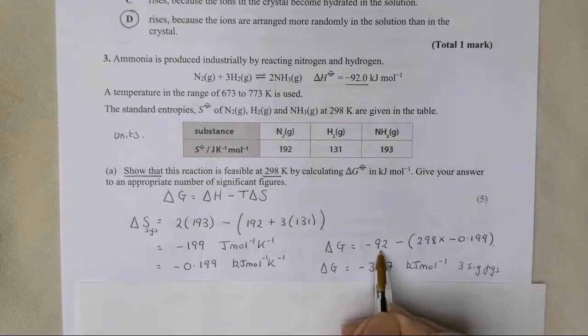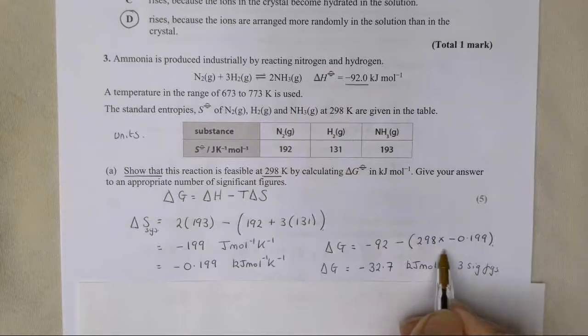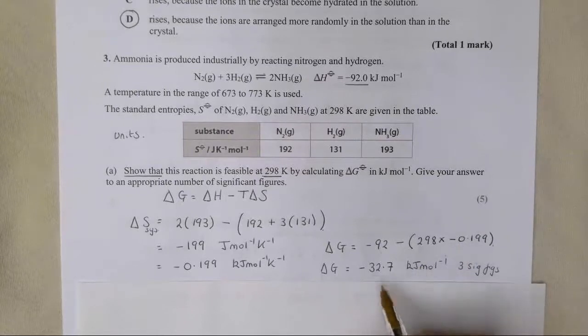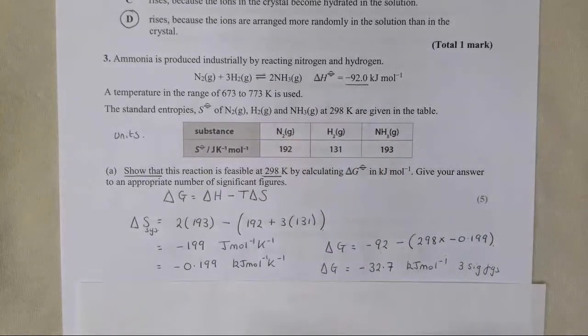So that's my delta H value minus this term, which is my temperature times my delta S system, and it comes out as minus 32.7 kilojoules per mole to 3 sig figs. I'm giving my answer to 3 sig figs because all of my data here is given to 3 sig figs, so that's an appropriate number.